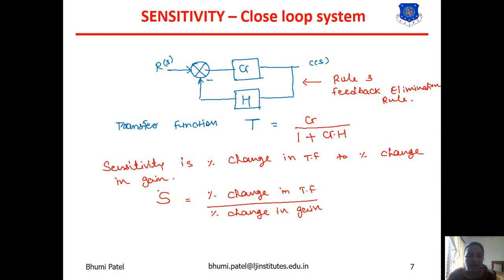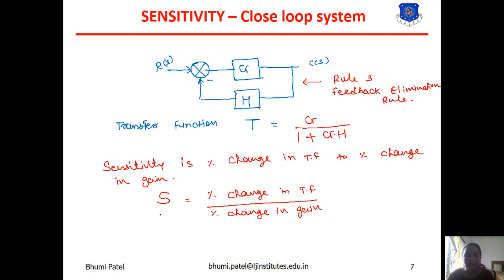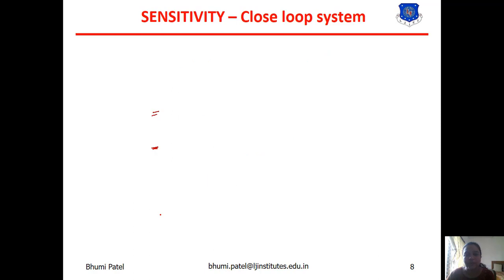And we can find the equation: S is equal to percentage change in transfer function upon percentage change in the gain. This is the sensitivity definition. So using this equation we can find the sensitivity of the closed loop system.